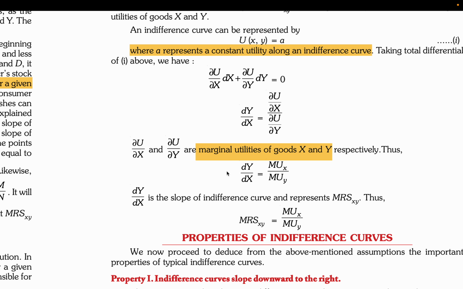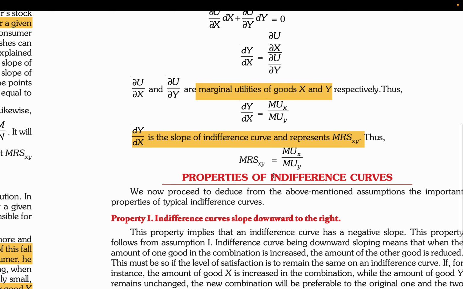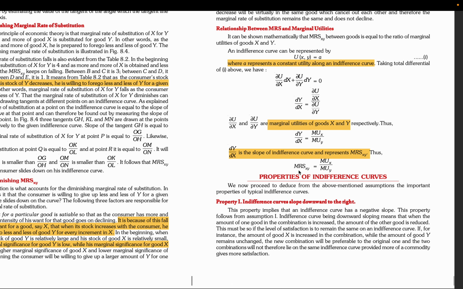Thus dy by dx is equal to the marginal utility of X divided by the marginal utility of Y. Dy by dx is the slope of the indifference curve and represents MRS xy. So this is the final equation: MRS is equal to the marginal utility of good X to the marginal utility of good Y.